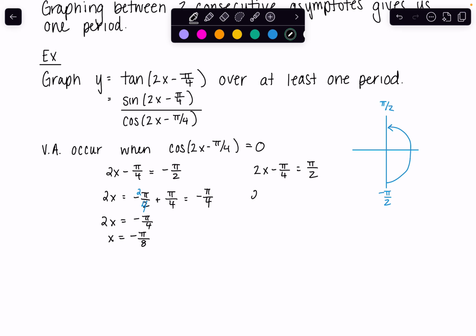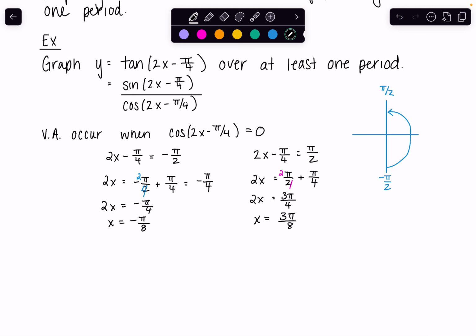For this one, now we add pi over 4 again. Again, got to make this with a common denominator, so that is 2 pi over 4. So 2x is equal to 3 pi over 4, and dividing by 2 gives us our next key value at 3 pi over 8.